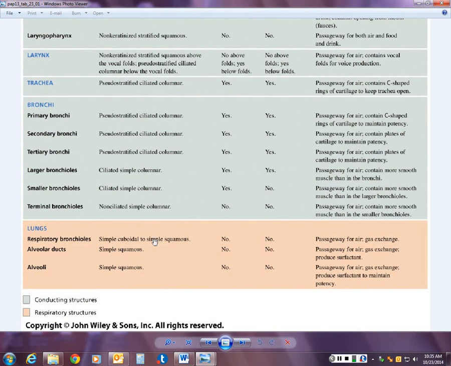Once you transition to the respiratory zone, instead of columnar epithelium, it will be simple cuboidal. And as you proceed to smaller and smaller airways, that simple cuboidal epithelium will transition to simple squamous epithelium. So, throughout all of your larger airways, the trachea and all the various bronchi, you have pseudostratified ciliated columnar epithelium.